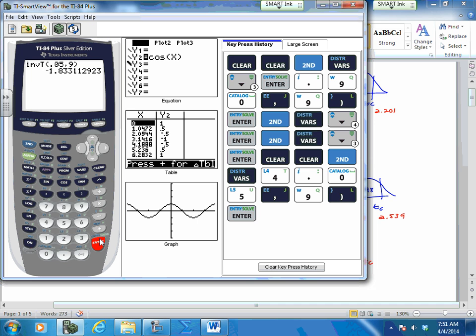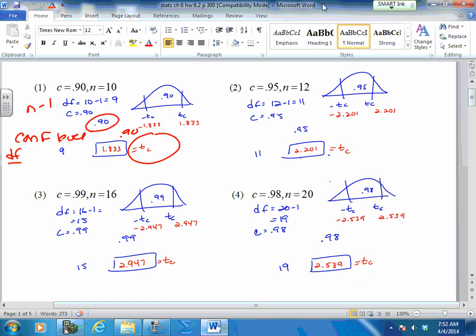Your chart's nice, because it's got confidence on the top, degrees of freedom on the side. For that area, you're going to have to put in 0.05 versus the 0.90, the one-tail area, not the confidence interval. That's the problem. If you want to use it, it's fine, but you still have to do 100 minus that, divided by 2. I think the table is a lot easier.